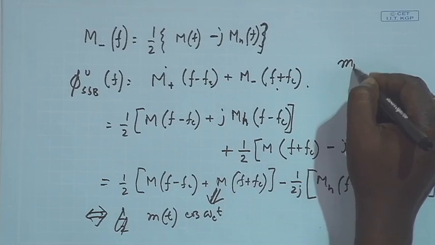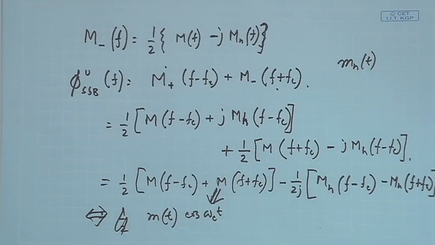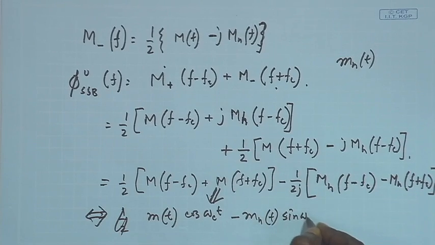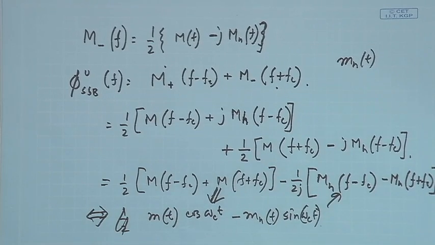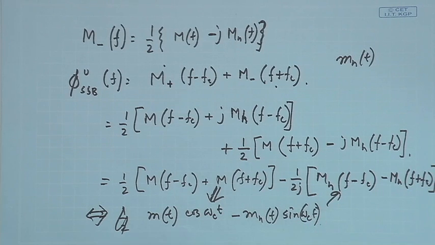If this m_h(t) is the Hilbert transform equivalent time domain signal, if I just multiply my m_h(t) into sin omega_c t, I will be getting the corresponding Fourier transform as this one, because sin omega_c t will have 1 by 2j, and then you have those modulation term. So, it will just be translated at plus fc and minus fc.